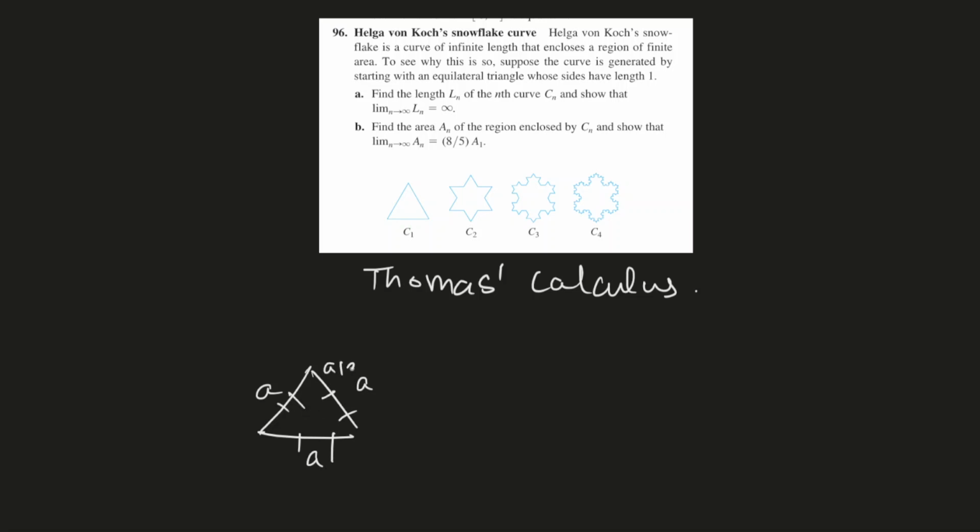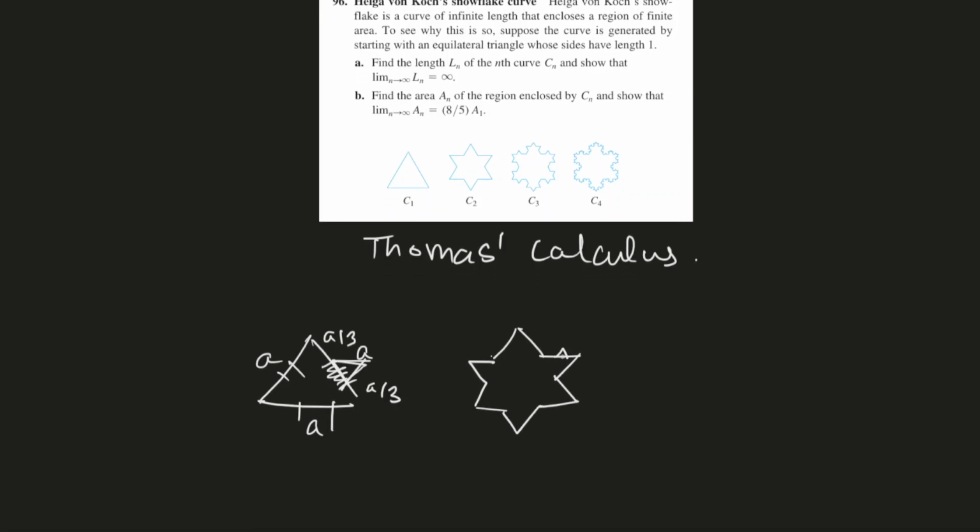So you get A by 3, A by 3, A by 3, and you construct another equilateral triangle right here, and you remove this. Okay, so basically you're going to get something like this, right? This star-like thing.